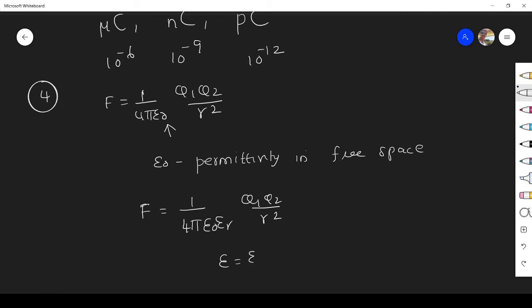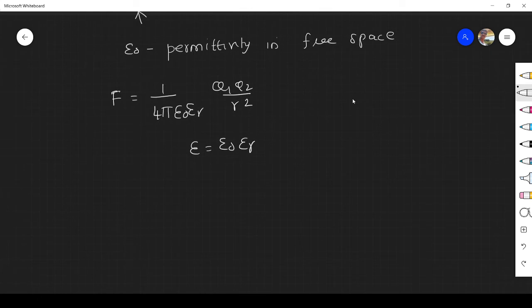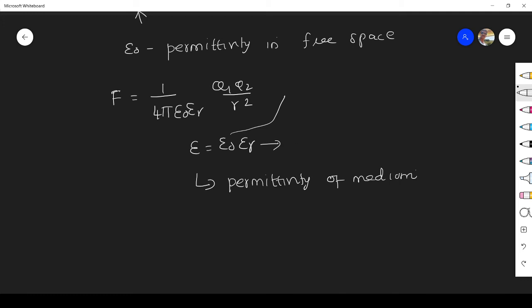Epsilon is equal to epsilon naught into epsilon r. We will see what these factors are in later chapters. Epsilon is the permittivity of the medium, whatever medium they give. Epsilon naught is the permittivity of free space. Epsilon r is the relative permittivity.